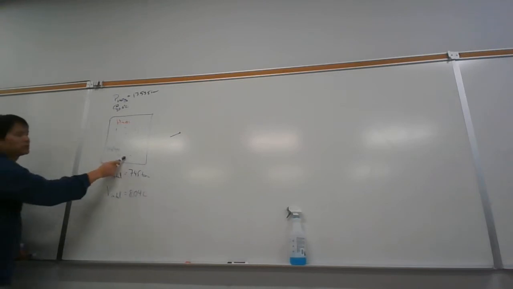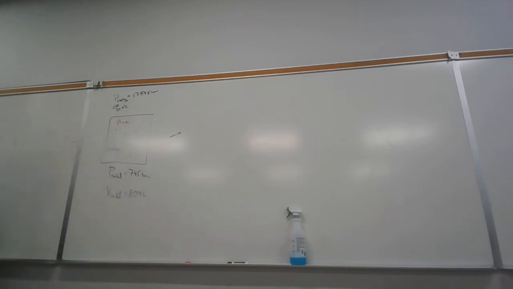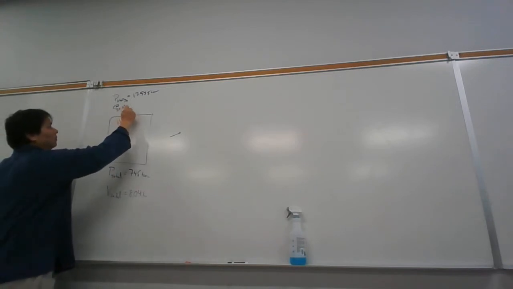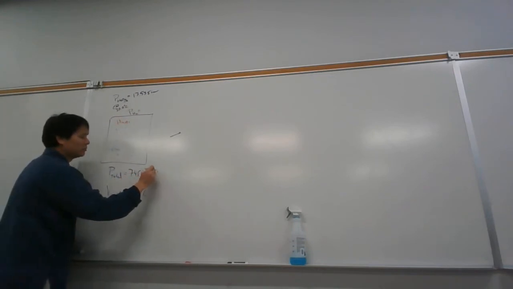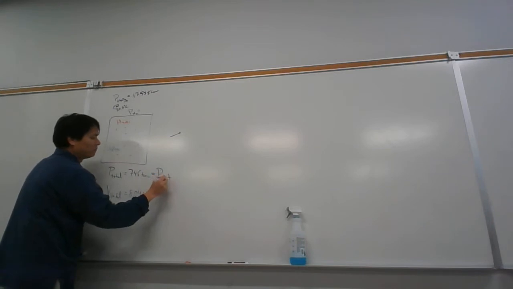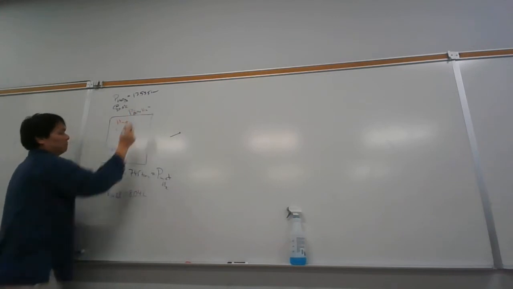So if that's the pressure generated from the water molecules colliding with the wall, what's the pressure of the hydrogen? The pressure of the hydrogen is equal to, now this is not the wet hydrogen, this is the pressure of the dry hydrogen. And so what is the pressure of the dry hydrogen equal to?